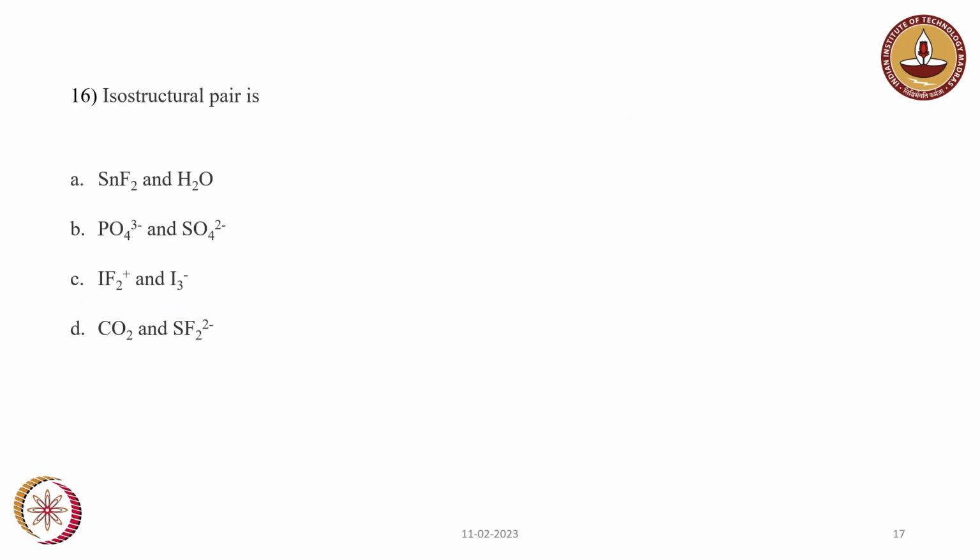So the next question is, the isostructural pair is. So the first one is SnF2 and the second one is H2O. Tin is in the group of carbon, so 4 valence electrons are present and it forms 2 bonds with fluorine.